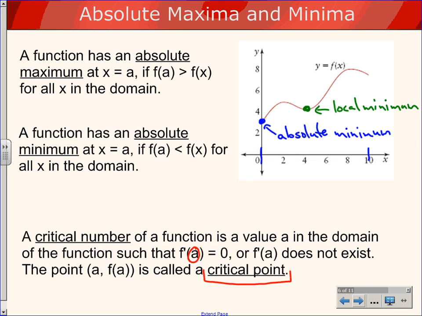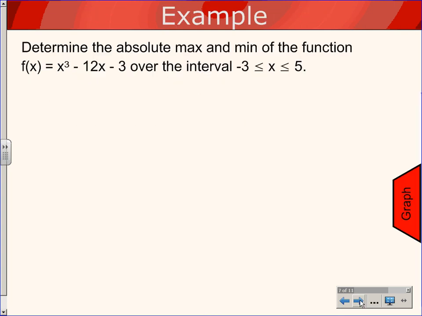So a critical point is a point where we have a local minimum or a local maximum. Okay, so critical point is any point where we end up with a derivative of 0. Or I suppose sometimes we'll call it that if the derivative doesn't exist there too. Really important points for this unit with our curve sketching.